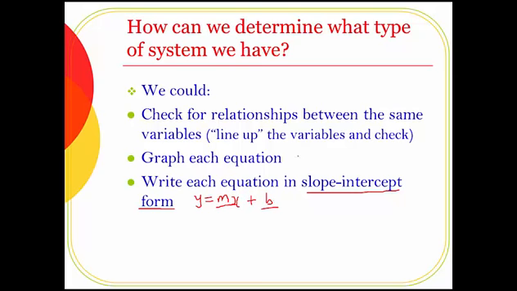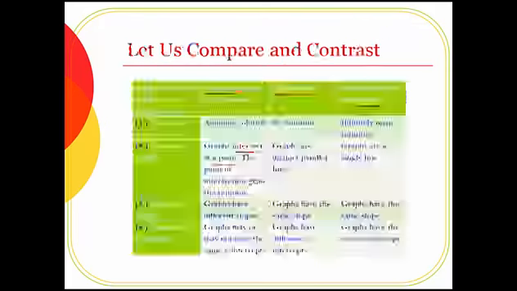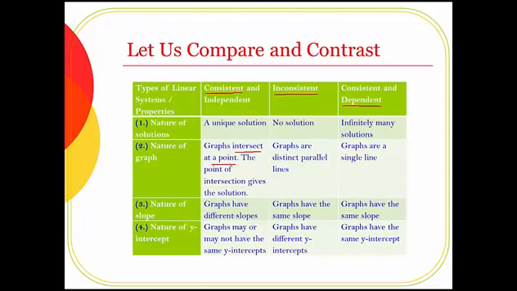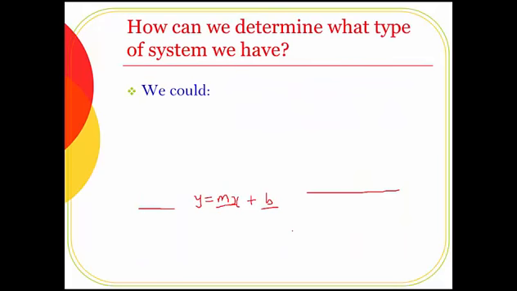You find out the nature of the slope and the nature of the y-intercept, and then you compare it with this. Then you can find what kind of system it is from here.